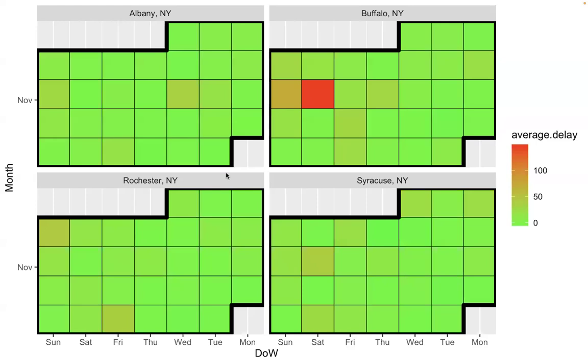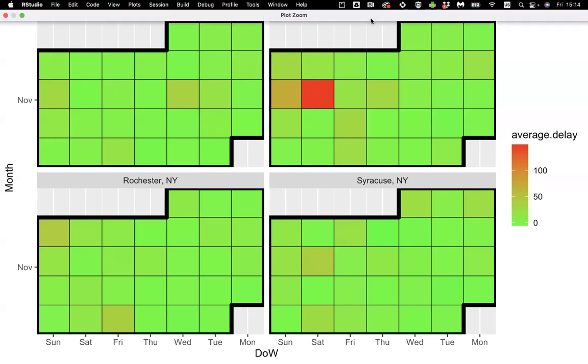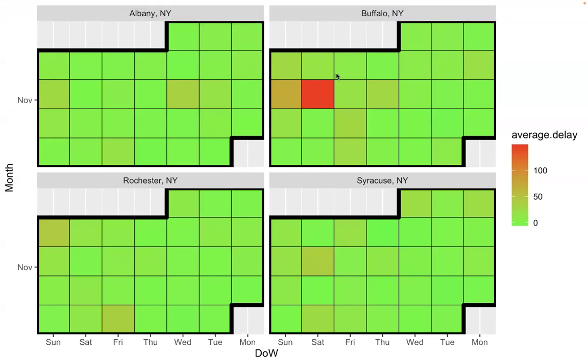And now it looks better because it's a calendar. Sunday, Monday, Tuesday, Wednesday, Thursday, Friday, Saturday. Yeah, so that you can see a few of the days have the most delay. Like this one has the highest delay.